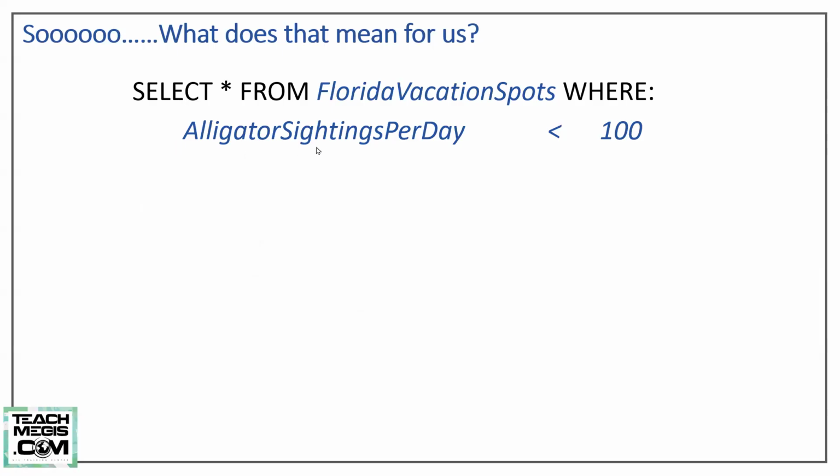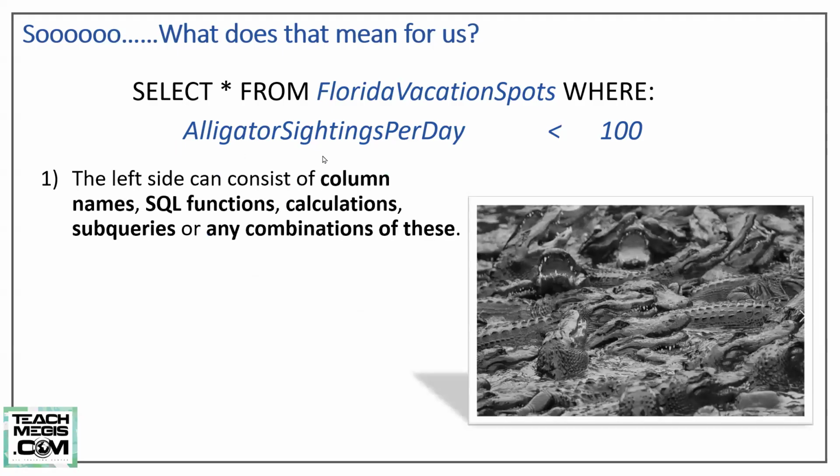So if I don't have alligator sightings per day, I can do math over here on the left side of the operator, right? This left side can be columns, SQL functions, calculations, subqueries, or any combination of these.